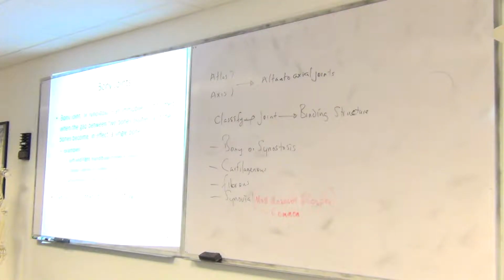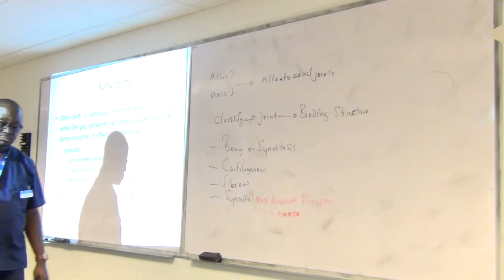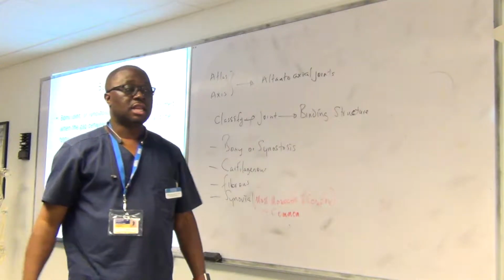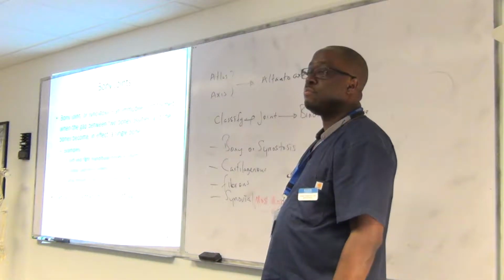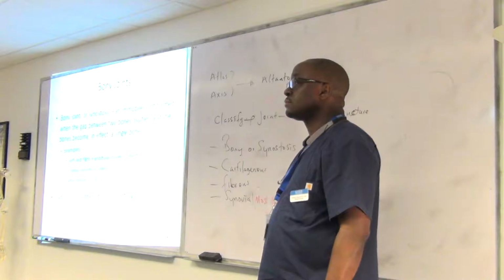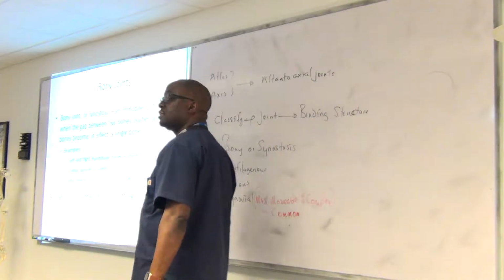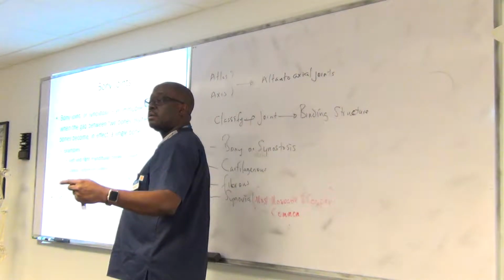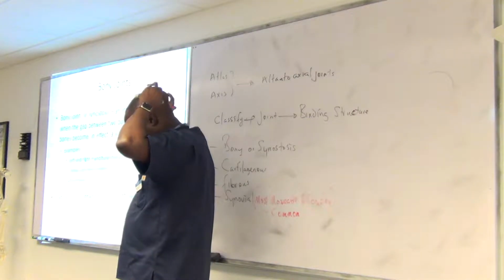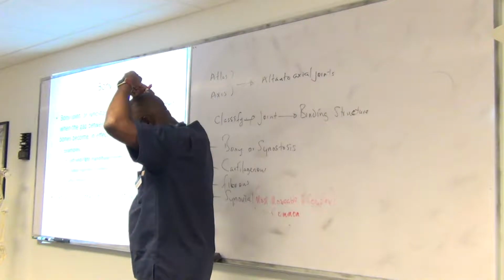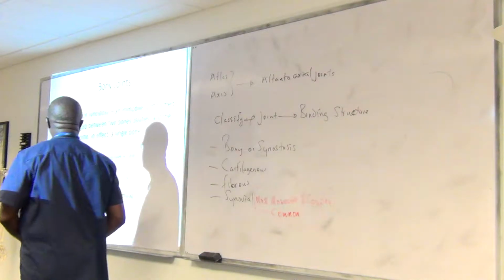The lambdoid is between which bones? The occipital and parietal. Exactly. So very important.